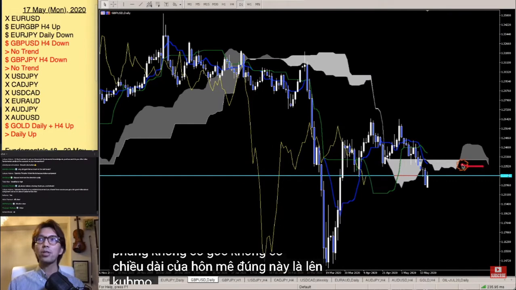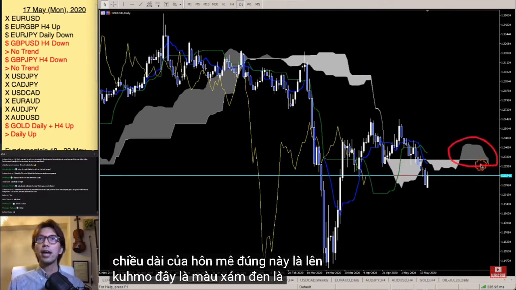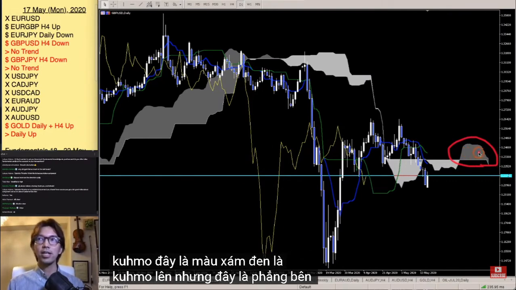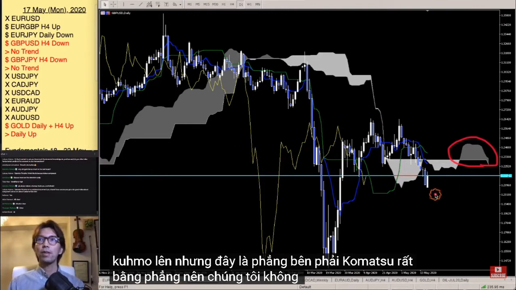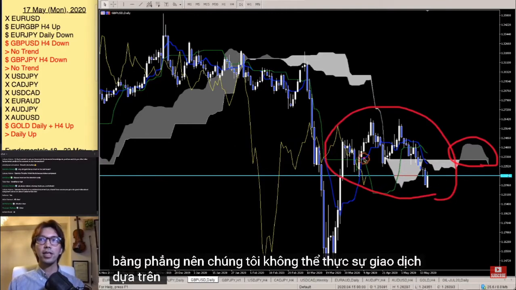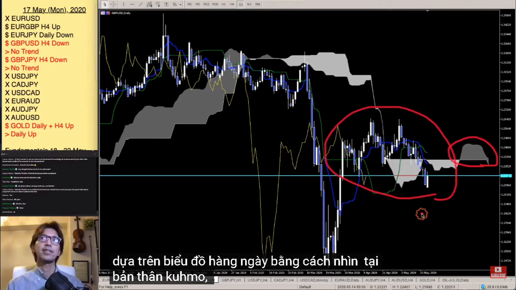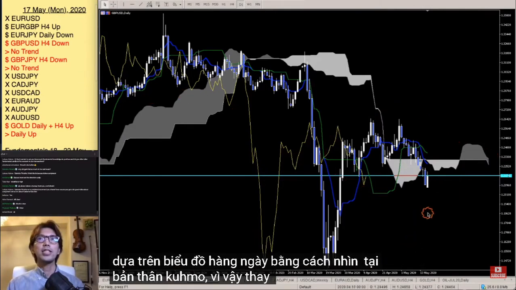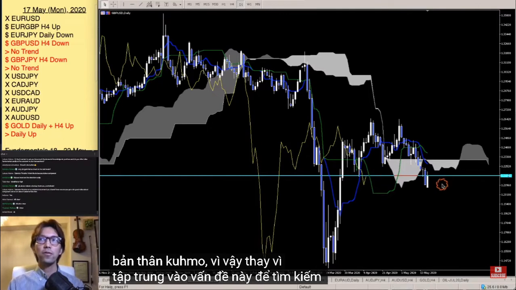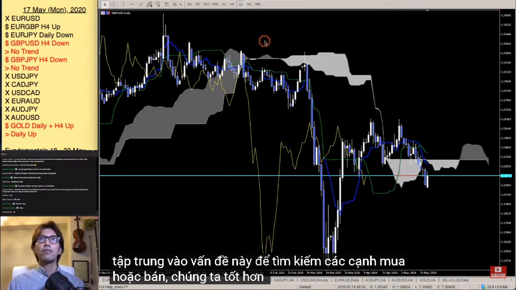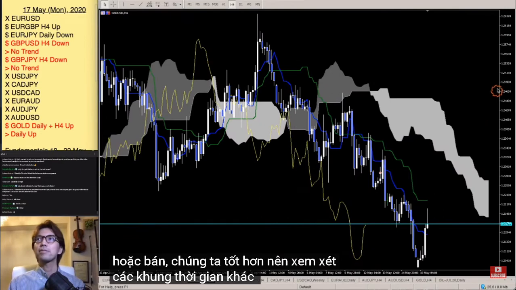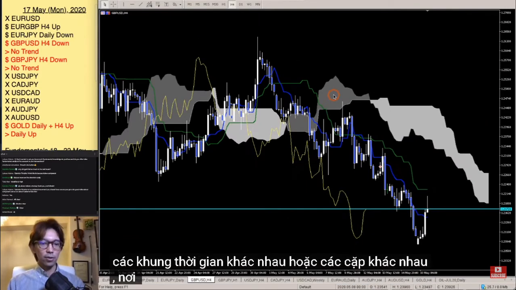This dark gray is the up Kumo, but it is flat. So we cannot really take trades based on the daily chart by looking at the Kumo itself. Instead of focusing on this one to look for buying or selling edges, we better look at different time frames or different pairs where there's a trend in the market.